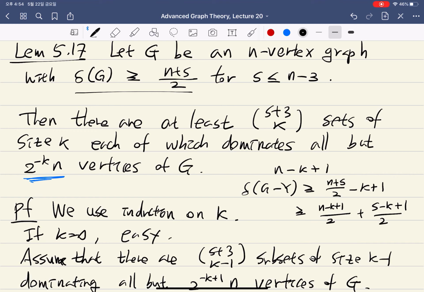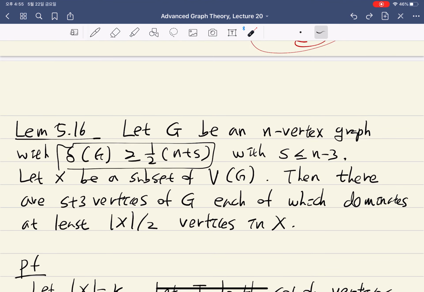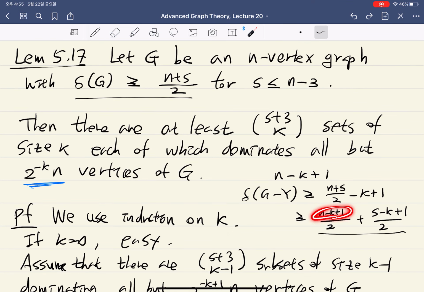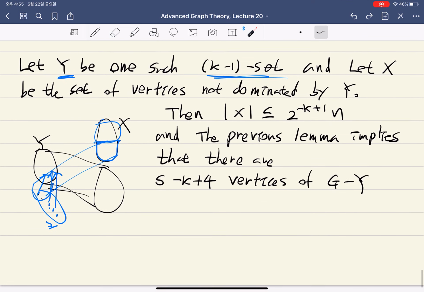Wait, is it correct? Let me see. n plus s minus k. Yeah. So this is our s in the previous theorem, while this is our n. So that plus 3 is this number.